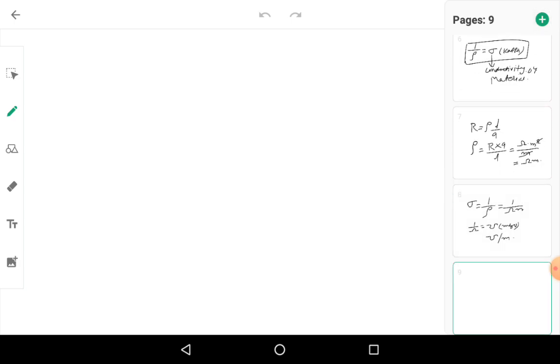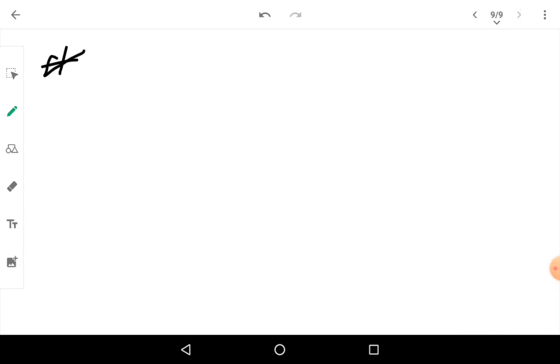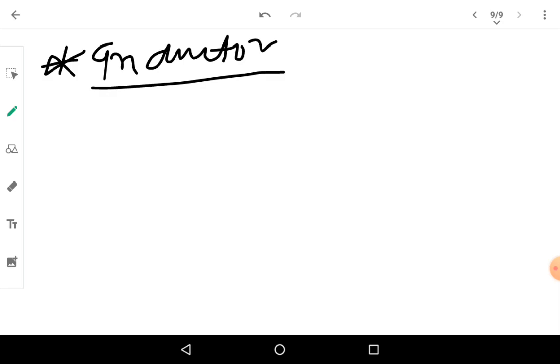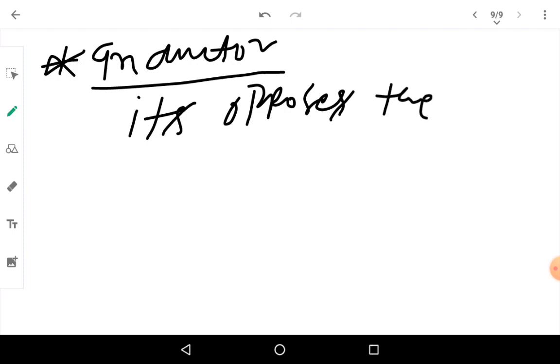Now the next term, inductor. The property of inductor is it opposes the change of current.